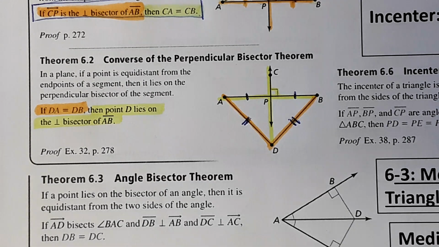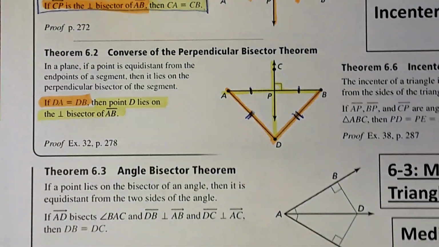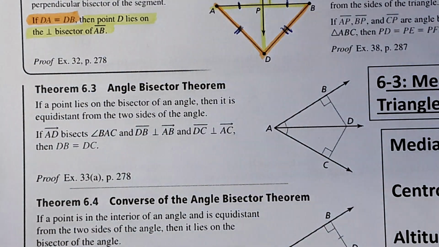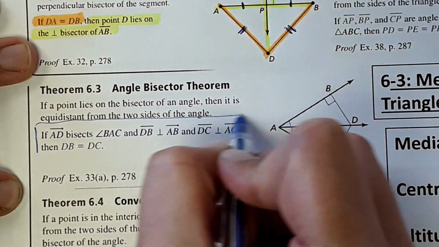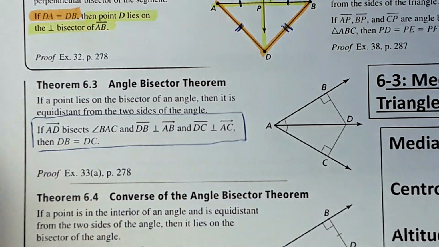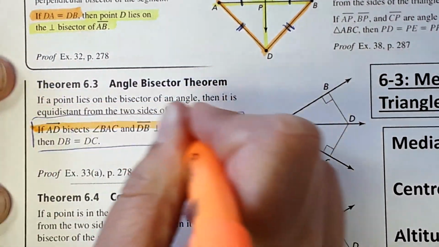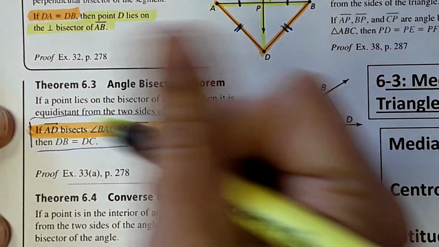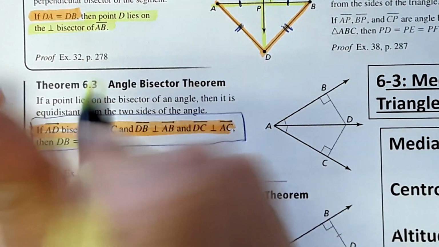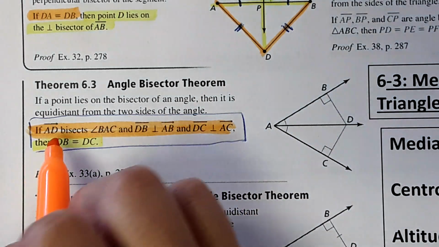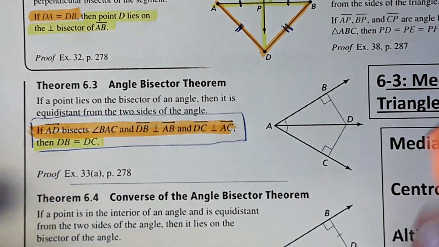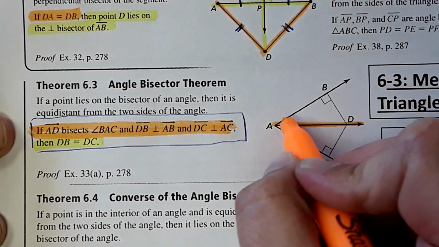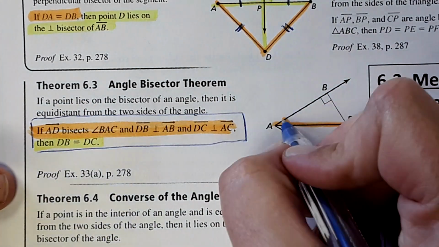Okay, then we're moving on to angle bisector theorem. So again, just focusing on this statement here and just drawing on the picture. First part of this, we're going to make orange. And the second part, we'll make yellow. Okay, so here it says that AD bisects the angle BAC. So this right here, angle bisector, meaning both sides of the angle are the same measure.